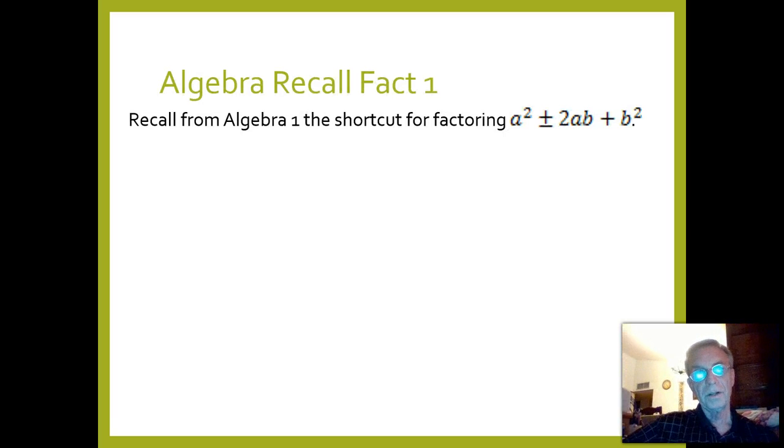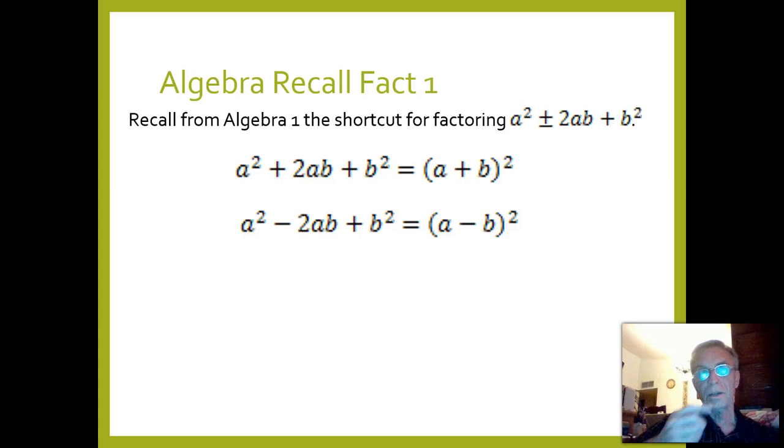Okay, so first thing we want to recall is from algebra. You were told that the shortcut for factoring a trinomial in the form a squared plus or minus 2ab plus b squared is this. The first one is two numbers added together squared, and the second one is two numbers subtracted squared.